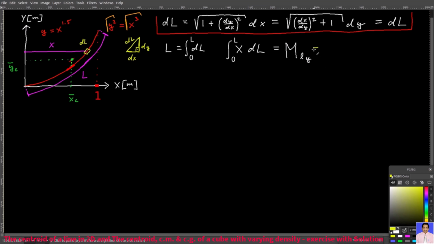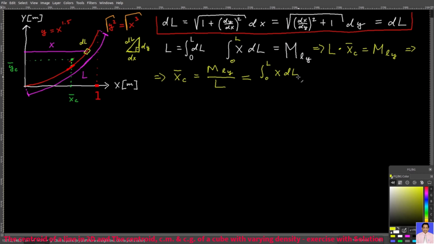And so in that case, you can have a relationship where your length times your x centroid equals this mly. In that case, x bar c equals mly over L, and so you will have the integral from 0 to L, x times dl over, and then this integral, which is this one here.